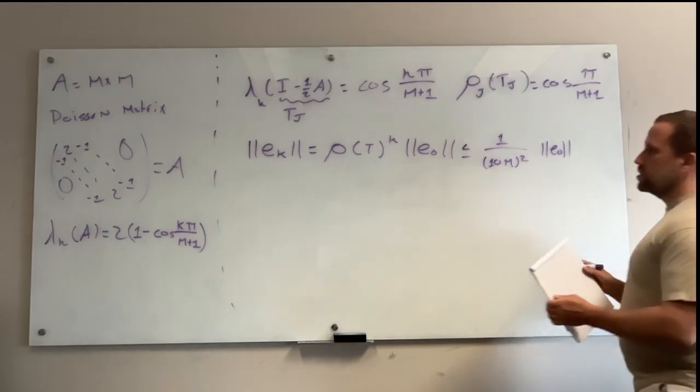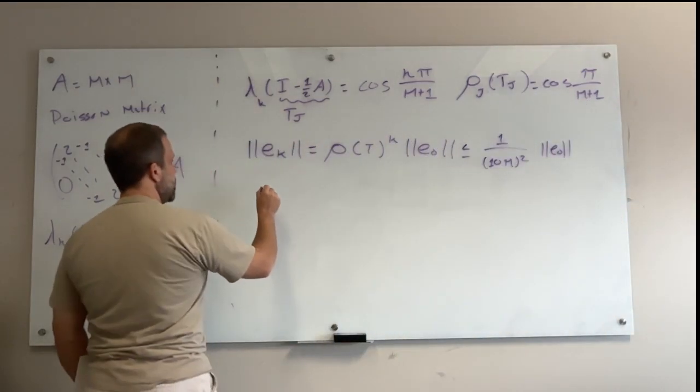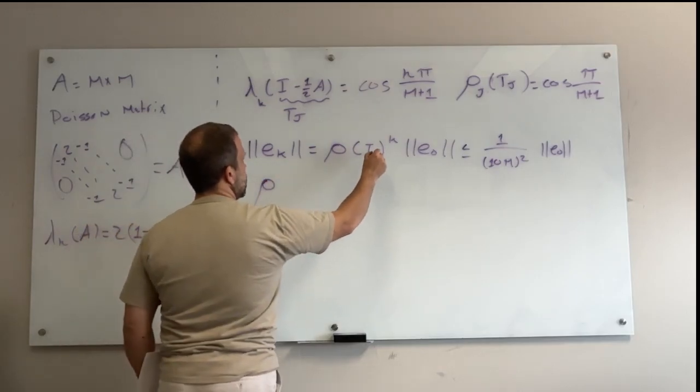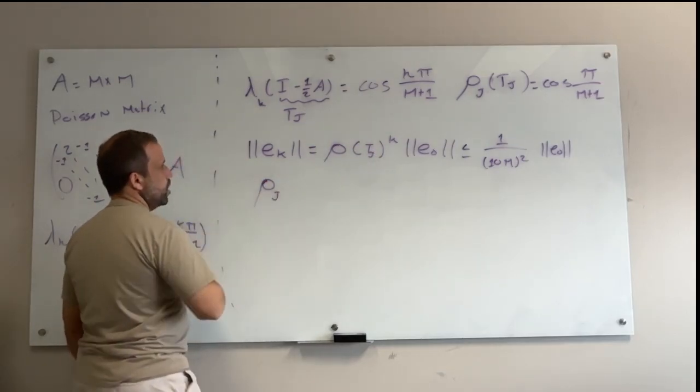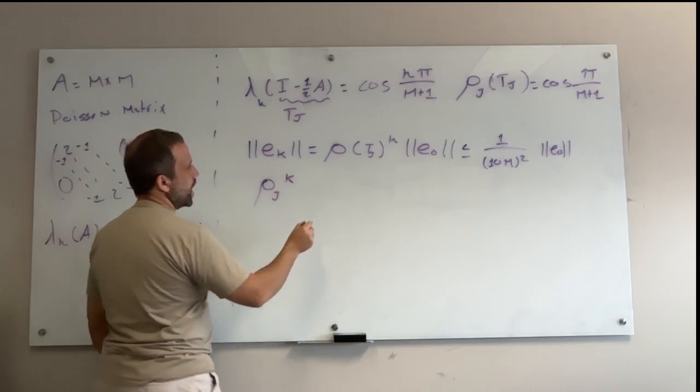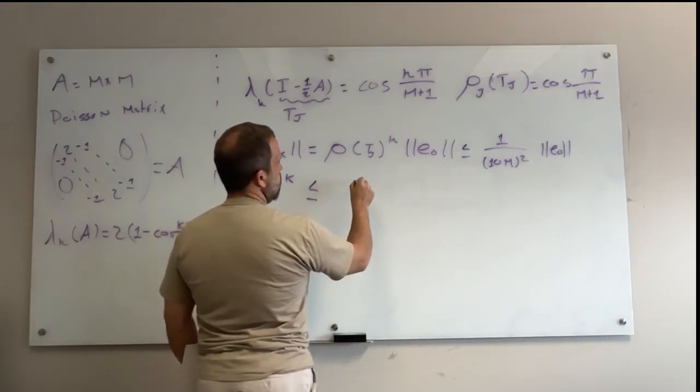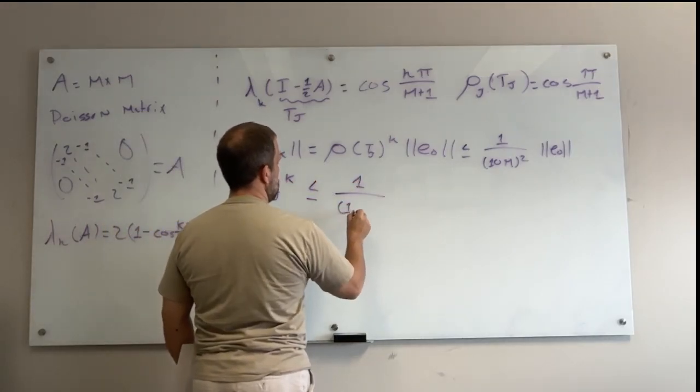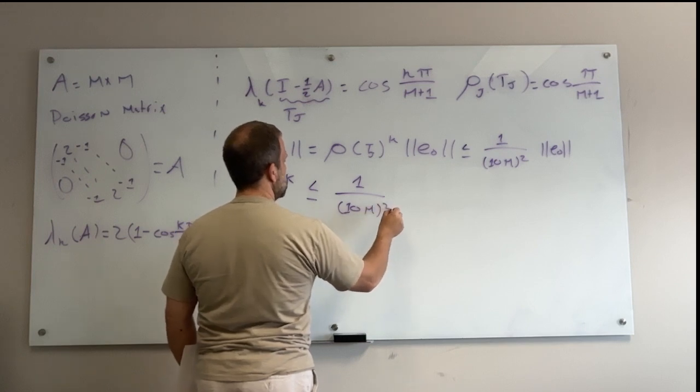So now what this tells us is we want rho of T, or that should be T j there, I'm just going to call it rho sub j. We want rho sub j to the power of k to be less than or equal to 1 over 10 m squared.